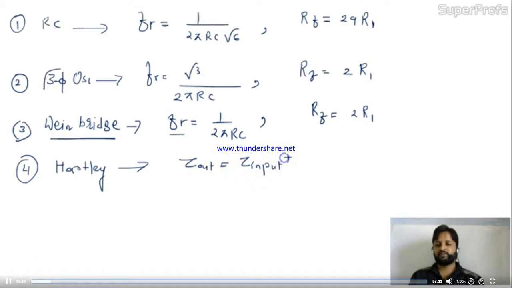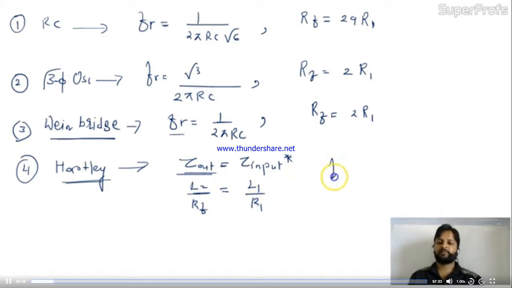This is the condition I gave you to remember. Okay. So tau output, we are using the Hartley, so L by R kind of thing should be there. So this is L2 by RF. Over here L1 by R1. This is the relation. Is it okay?